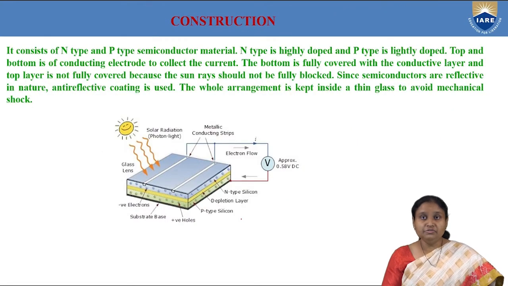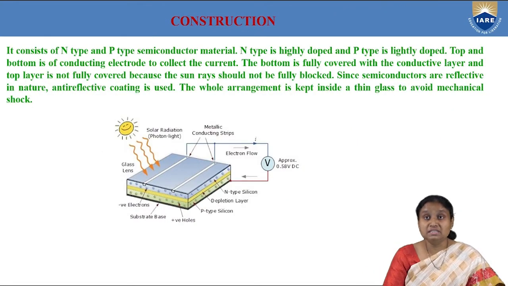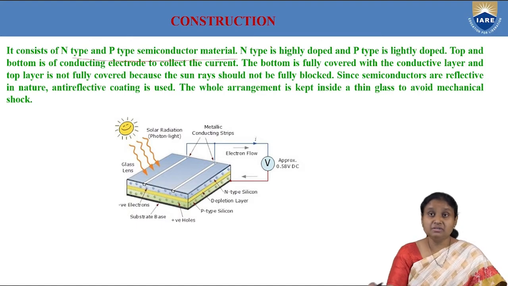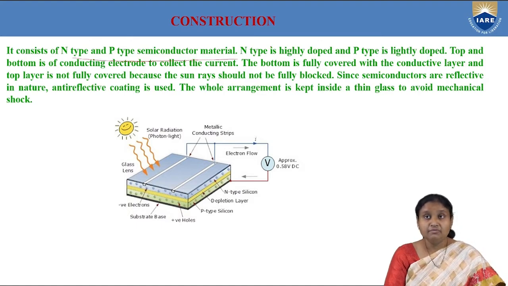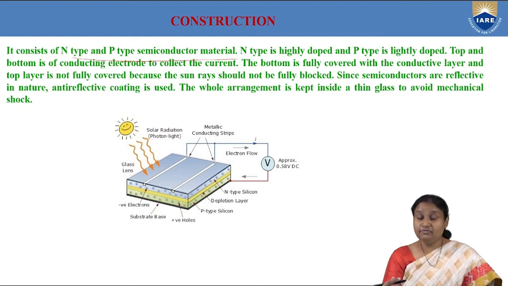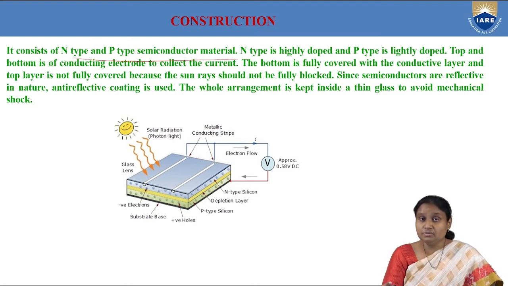Then moving further, first we try to see what the construction of the solar cell is. A solar cell is just like our normal PN junction diode, so it also consists of N-type and P-type semiconductor material. Now, as I told you when we discussed the Zener diode, in a Zener diode both P-type and N-type semiconductors are heavily doped.